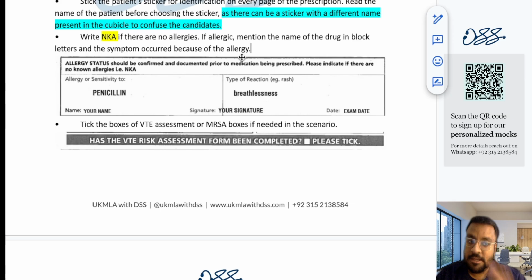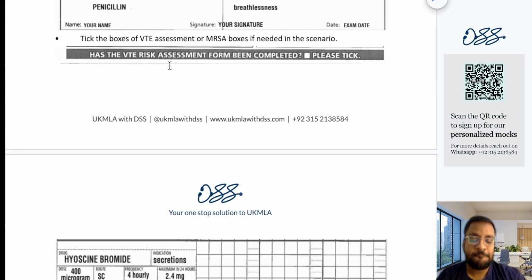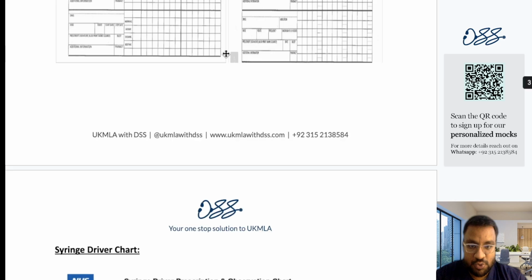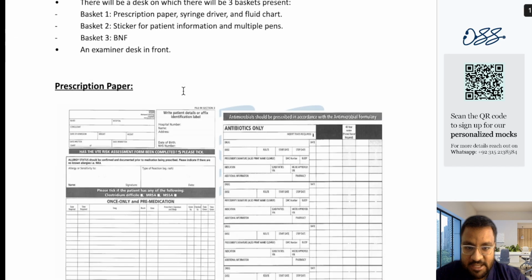No allergies, write NKA. Then there would be a few boxes that you would have to tick. For example, in the VTE assessment, there are a few cases in which you need to tick the boxes for VTE risk assessment forms. Other than that, there would be certain cases in which you would have to prescribe for a patient with MRSA, and there is a box for MRSA as well. I'll just show it to you. It was here on the first page.